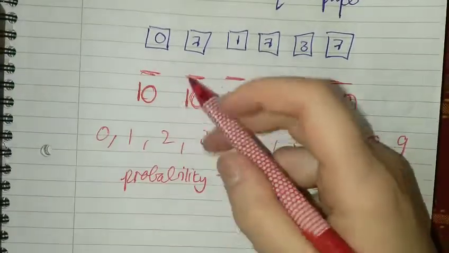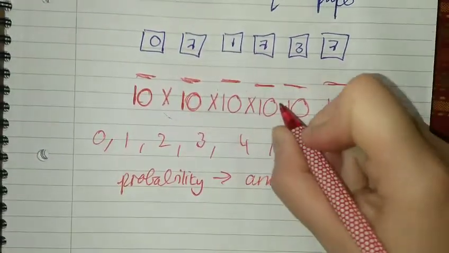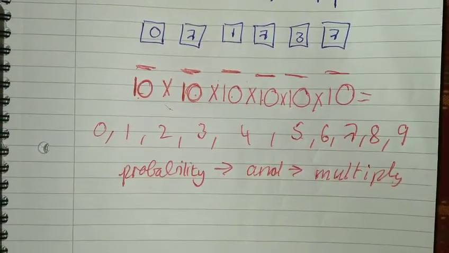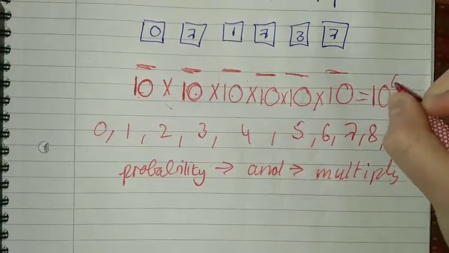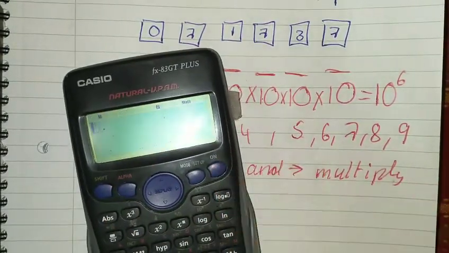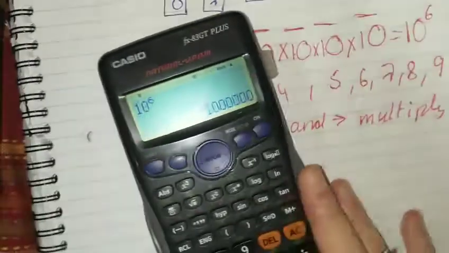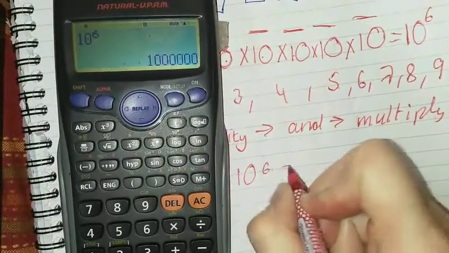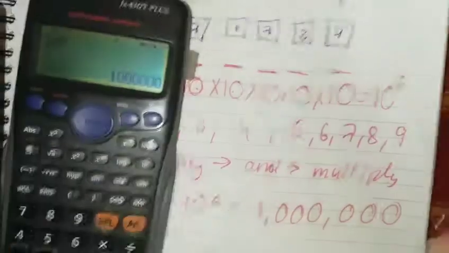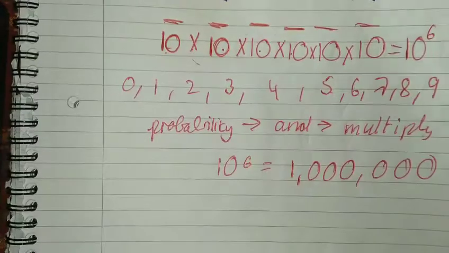So we have 10 choices for the first one, and 10 choices for the second one, and so on. So it's going to be 10 by itself 6 times, or we could say 10 to the power of 6. So we get 1 million. So that is going to be the total number of possible passwords.